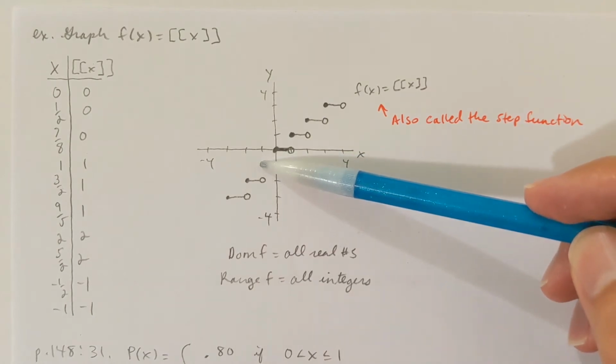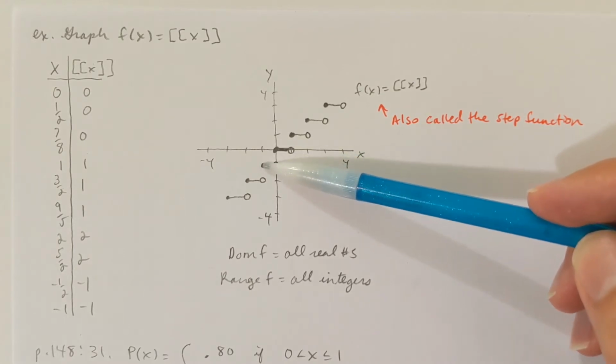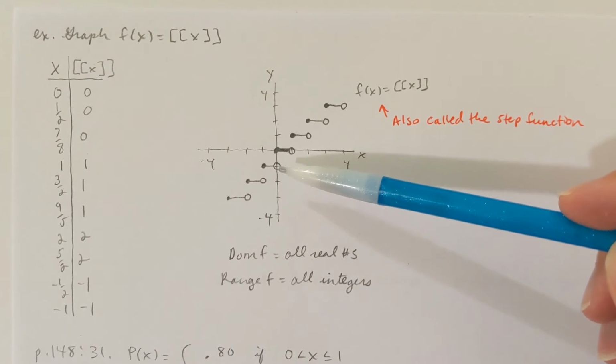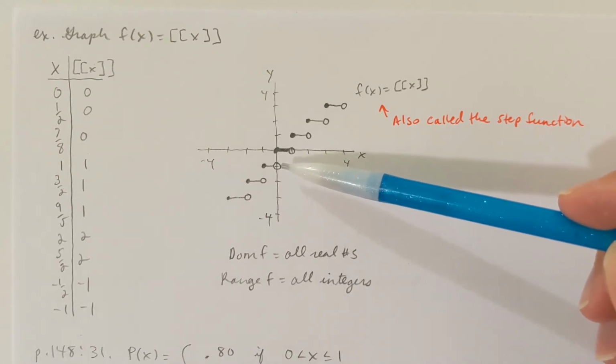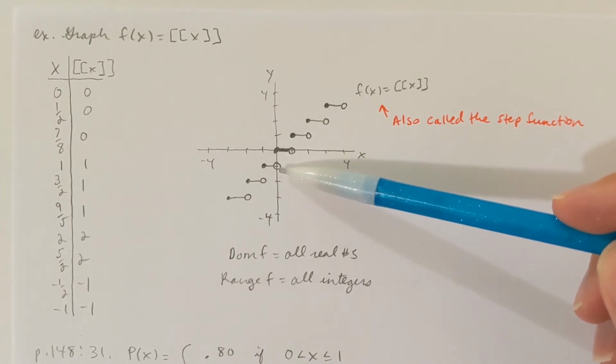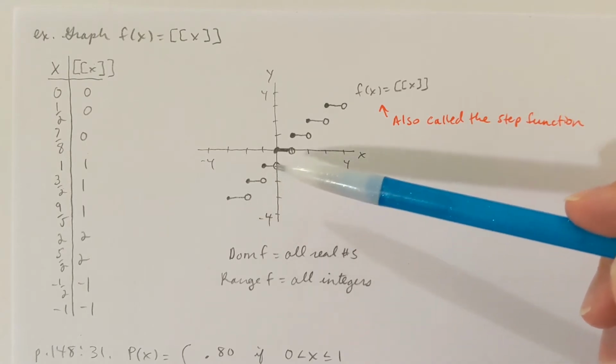So you're always going to bump down to the next lowest integer unless that value is an integer. -1/2 gives -1, and -1 is an integer. Anything between -1 and 0, not including 0, is going to put me at a height of -1. So I end up getting steps flowing the other direction.